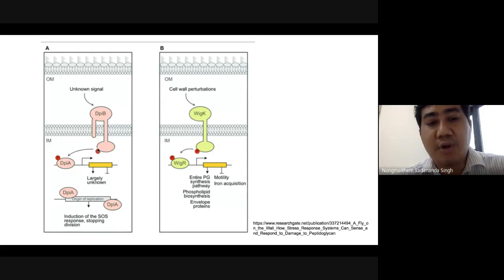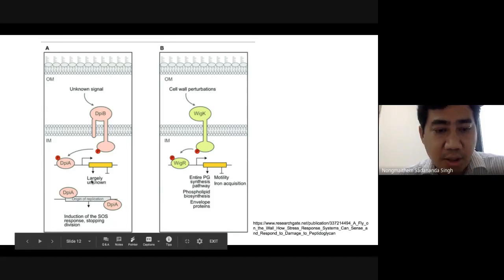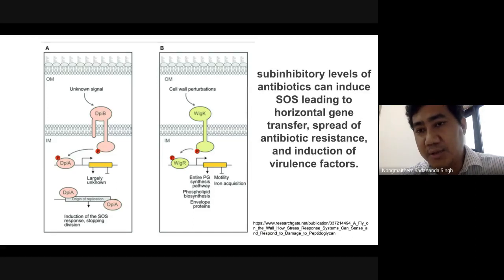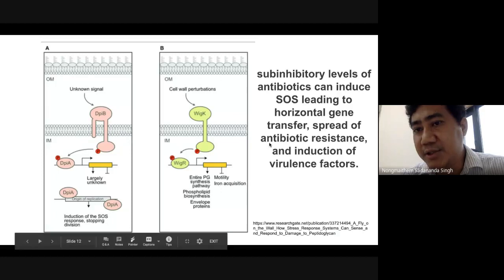This system also induces a response, it can induce the SOS response, and it can kick in the stoppage of cell division itself.